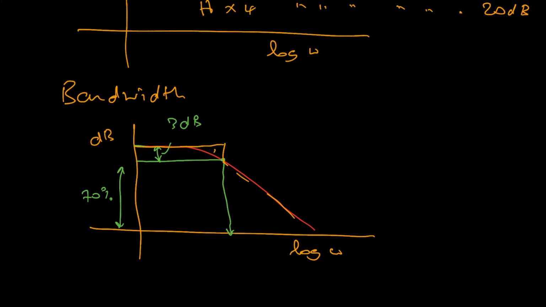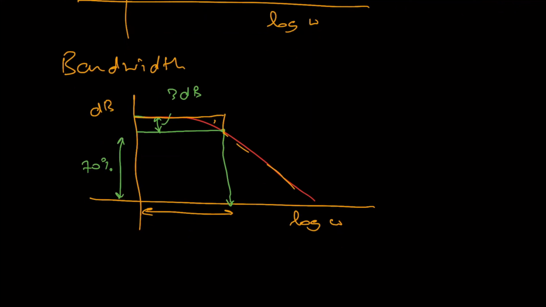Within this range, the amplifier can reasonably reproduce the sound loudness across all these frequencies. After that, you start losing the sound, because the electronic circuits in the amplifier simply can't keep up with the changing frequencies. So that's the bandwidth.